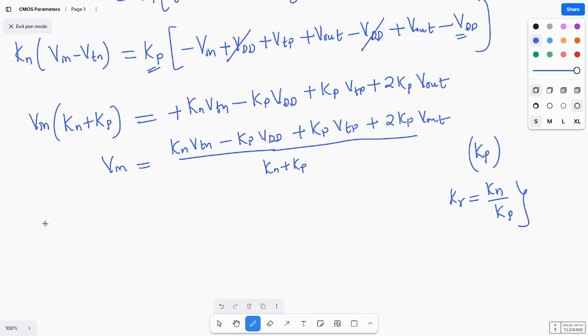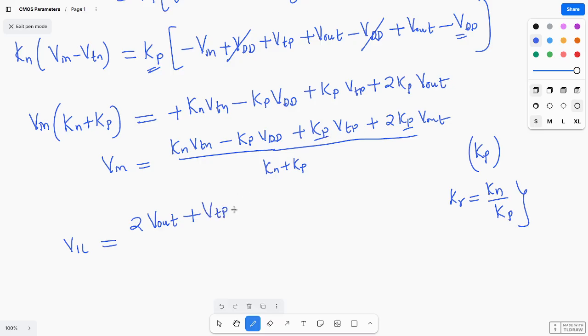So when you substitute, what you will get, that is Vin, VIL, equal to 2 into Vout, so Kp by Kp means 1 only you will get, plus VTP, divided by Kp means you will get VTP only.